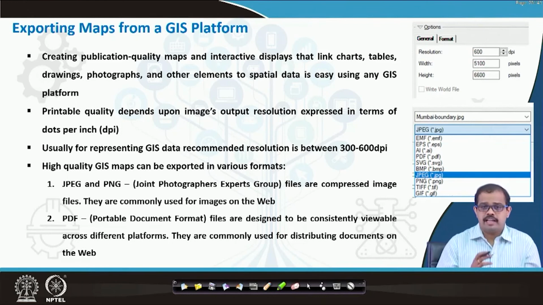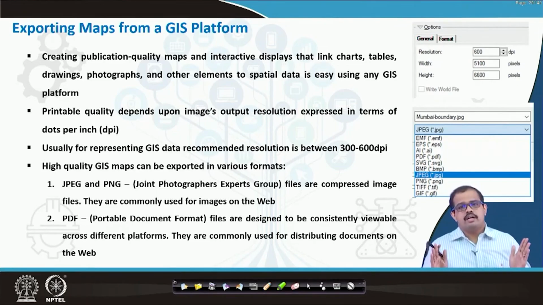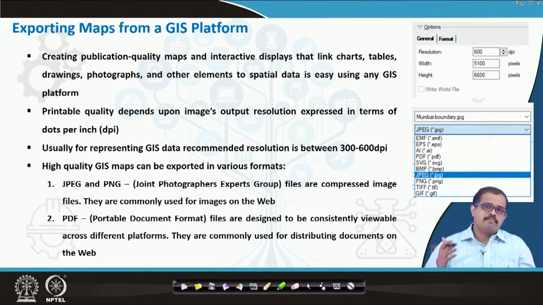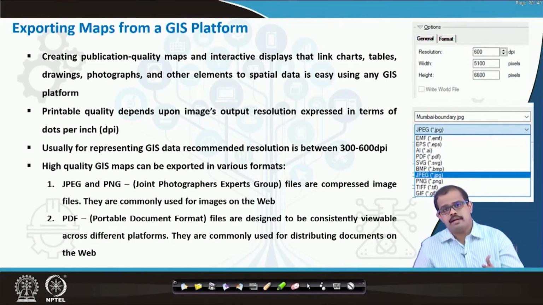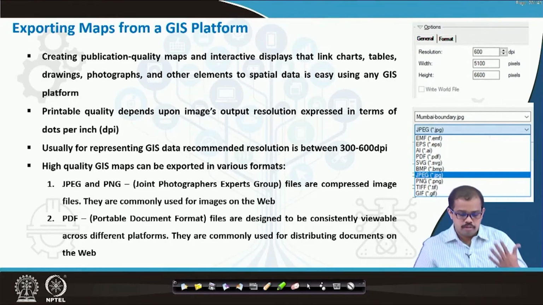Then the next thing is how do you export a map in a GIS platform. A GIS platform gives you extreme help in terms of exporting a map. You can export a map the way you need, using your normal formats like JPEG, which compresses your entire image file, or even SVG formats, the raw formats.